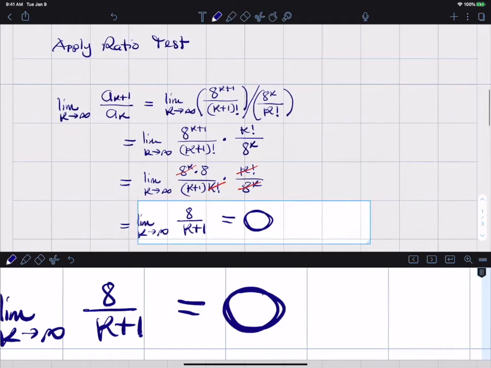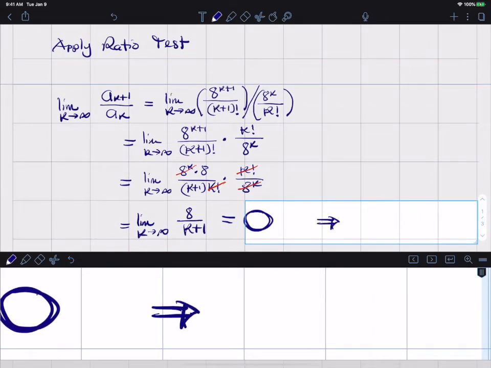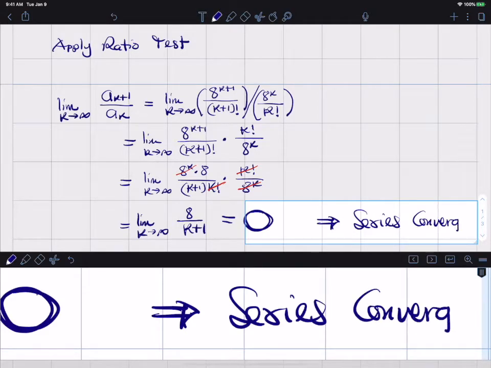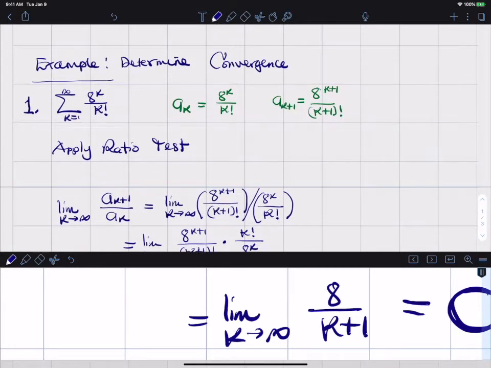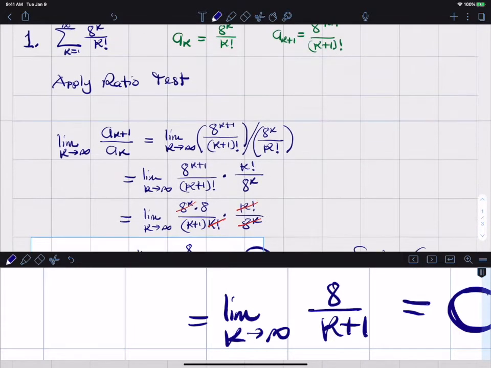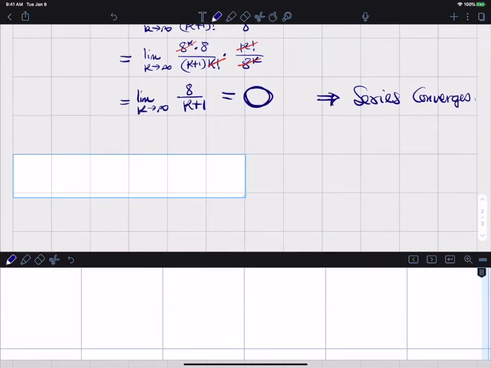So this means that our series must converge. Okay. All right. Any question? Does anybody have any question? Okay. So that's one example there.